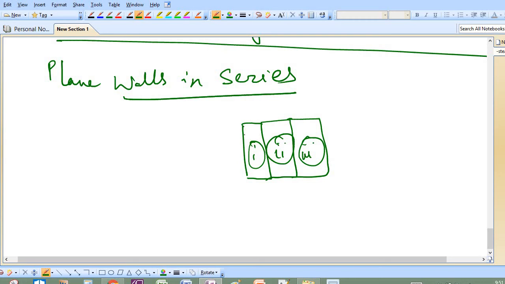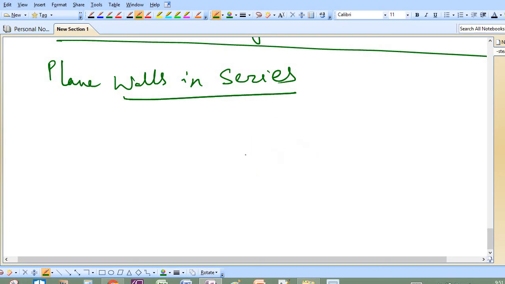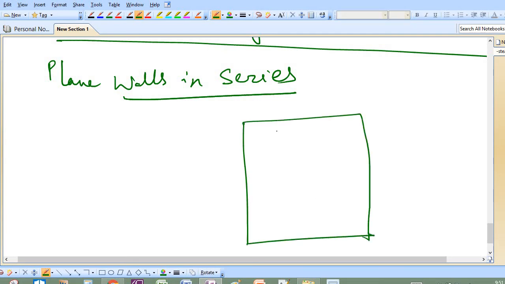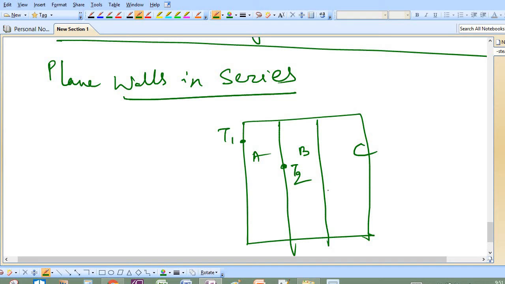Let there be 3 walls, multiple walls, A, B, C. We are having certain temperatures here, that is T1, T2 here, T3 here, T4.